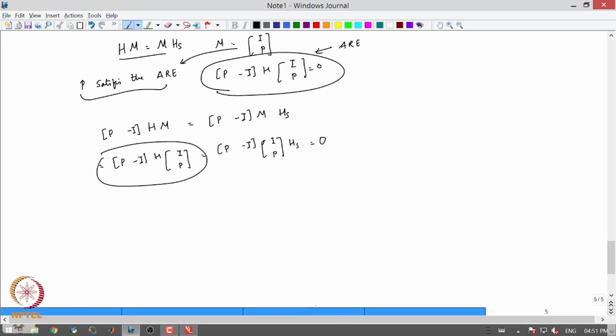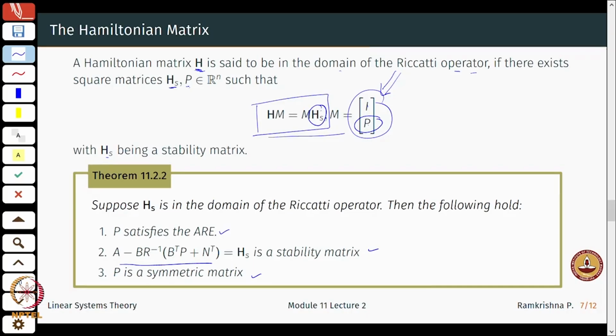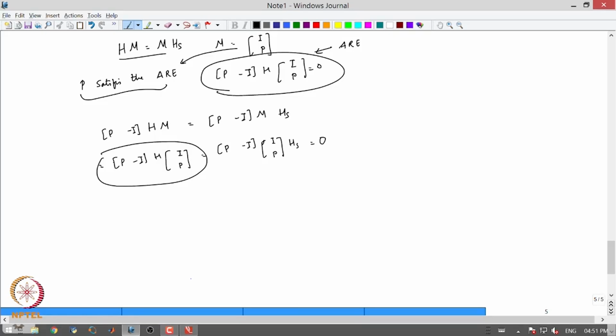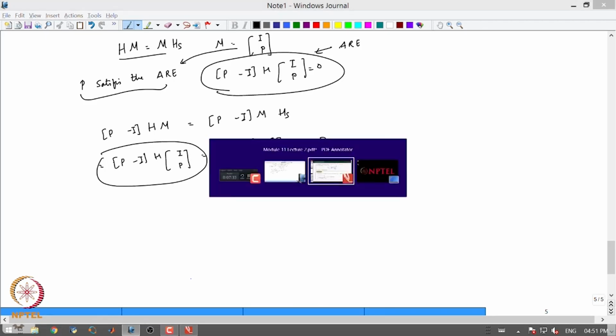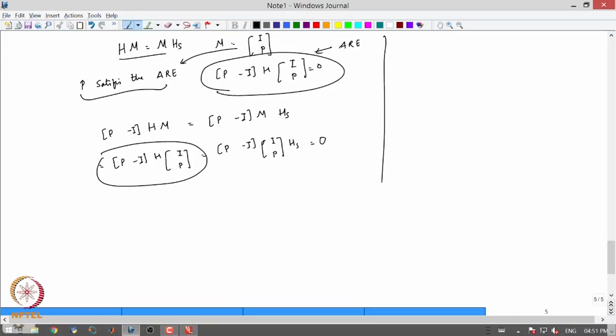Okay. Now what was statement number 2? Statement number 2 was to show that this Hs is precisely the closed loop matrix. Okay. So how does H look like? Let me just write down how H looks like again.